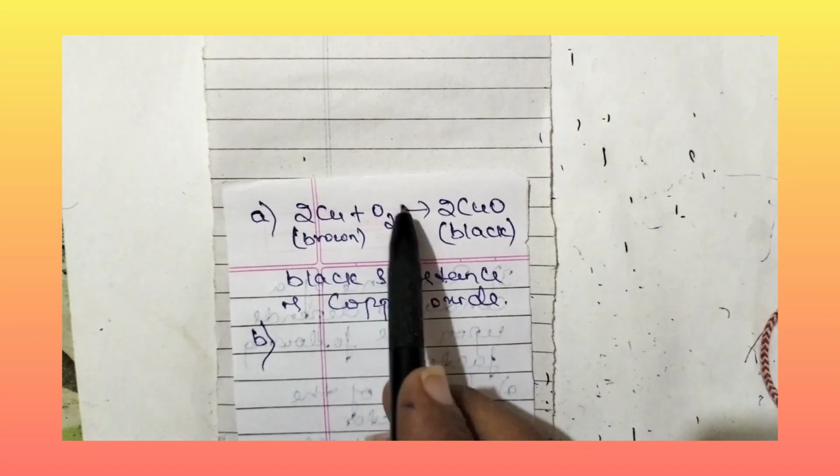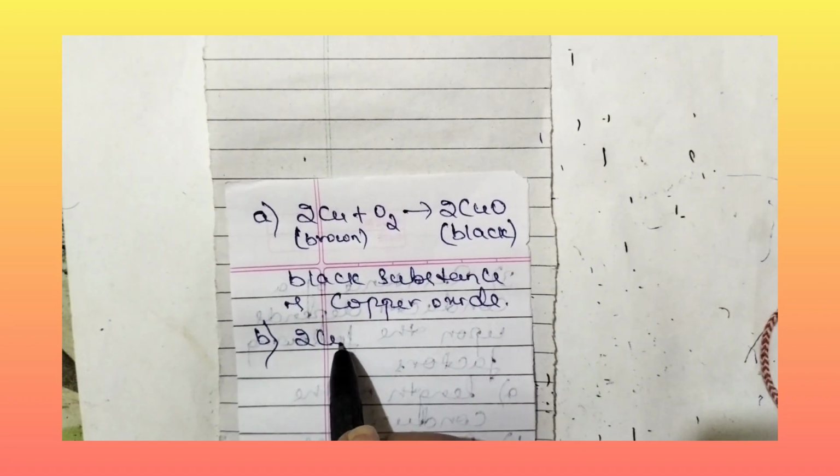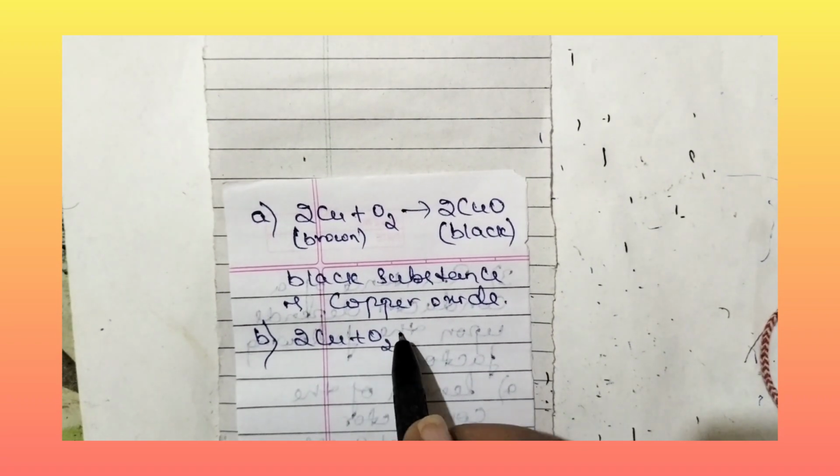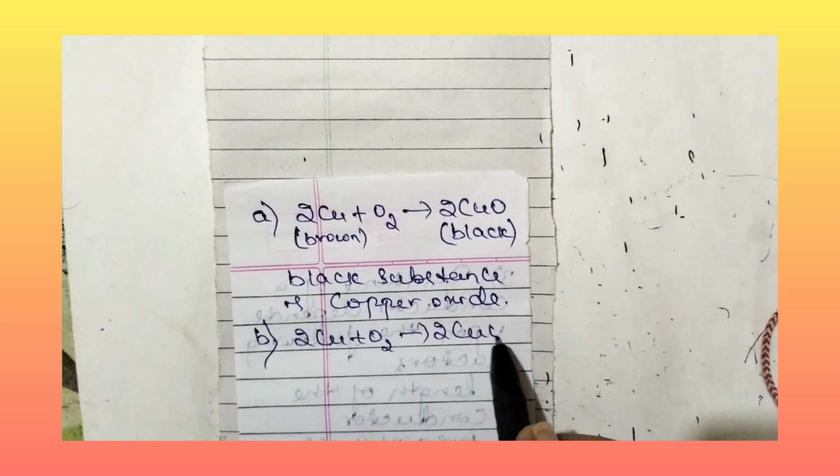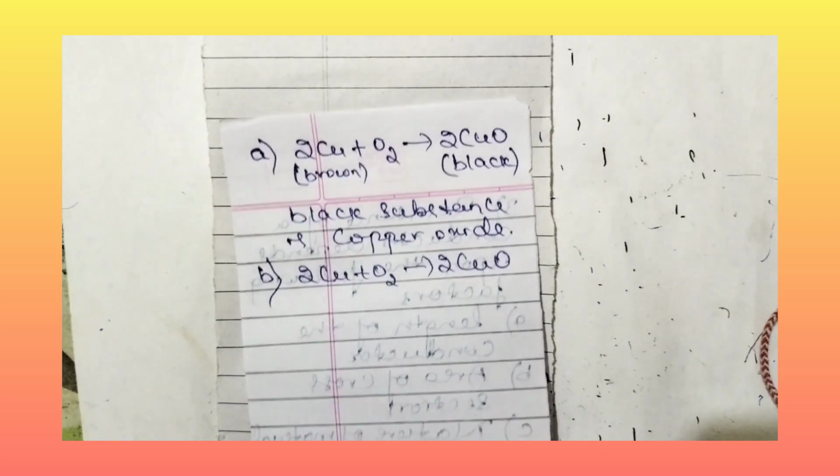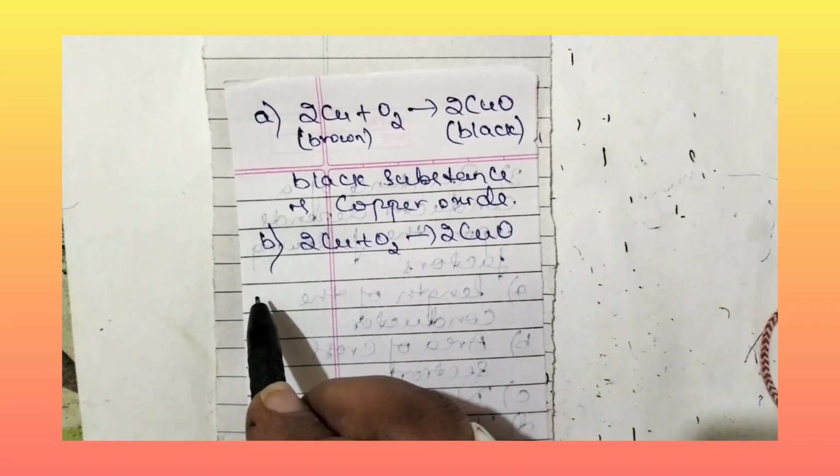So for the above reaction, I have written the chemical equation. 2Cu plus O2 give rise to 2CuO. Next, they ask how the black coating of copper can be turned into brown.